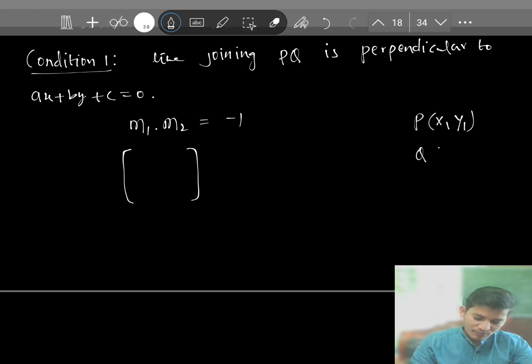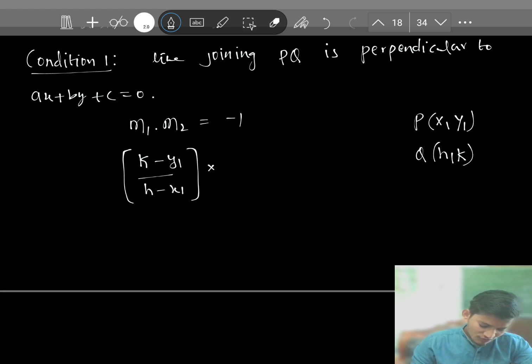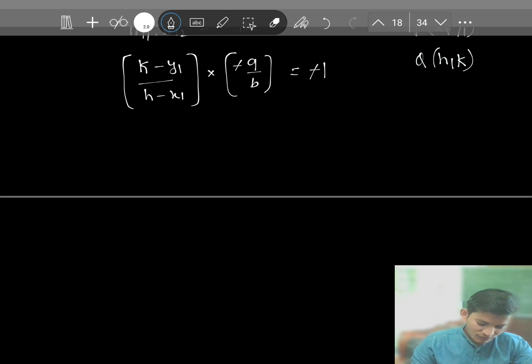P is the point x1 comma y1 and Q is the point h comma k. The slope is k minus y1 divided by h minus x1, into the slope of the straight line ax plus by plus c equals to 0, which is given by minus a by b, equals minus 1.